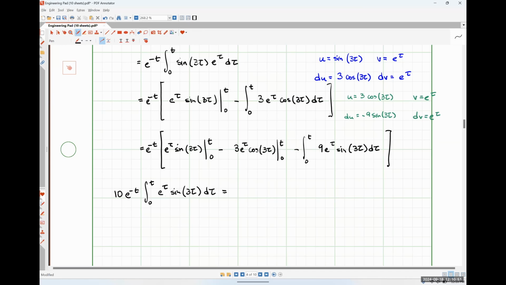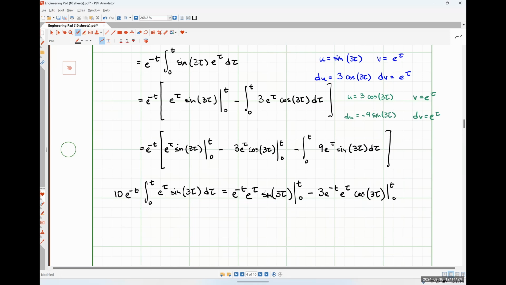So I'm going to have e to the negative t, e to the tau, sine 3 tau evaluated at t and 0, and then minus 3 e to the negative t, e to the positive tau, cosine 3 tau evaluated at t and 0.